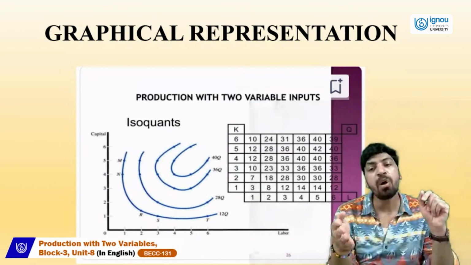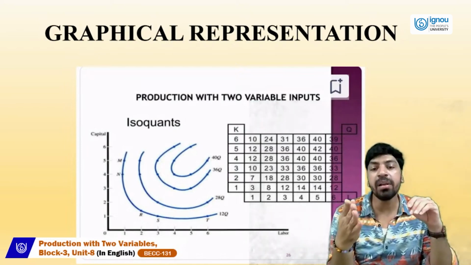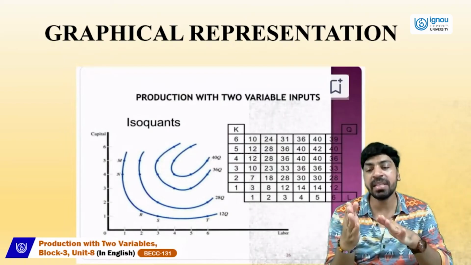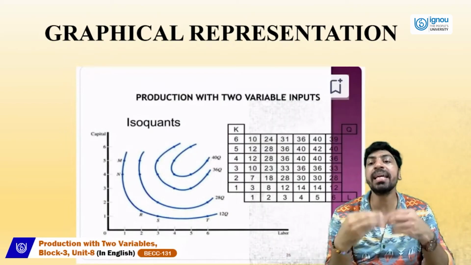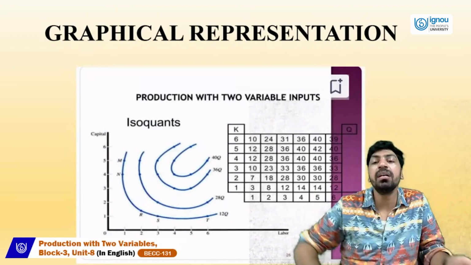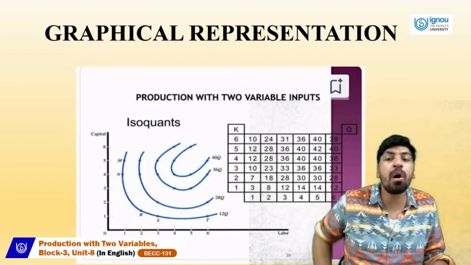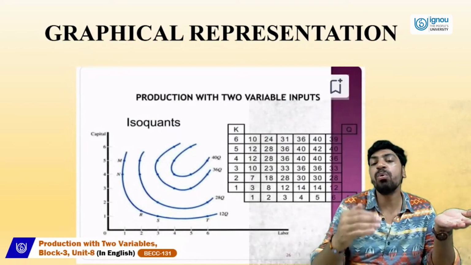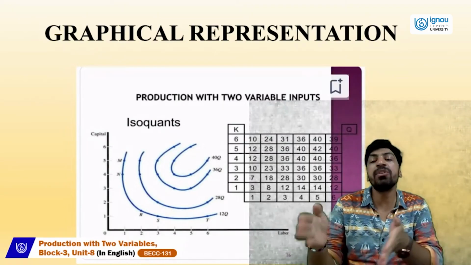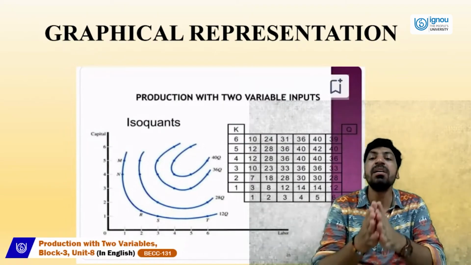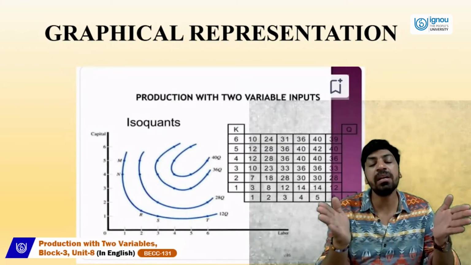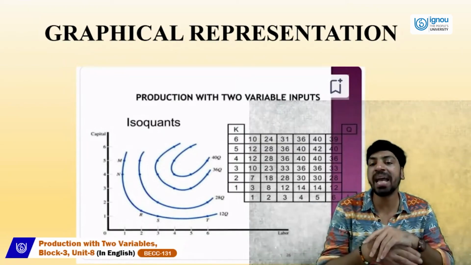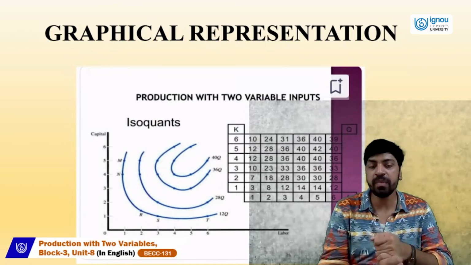The second column is 28, the third column is 36, the fourth column is 40. The fifth and sixth columns cannot be drawn as further data is required, which has not been given, and it is not required, as more and more curves would need more data. So these are the five levels of output shown by combining the two inputs.